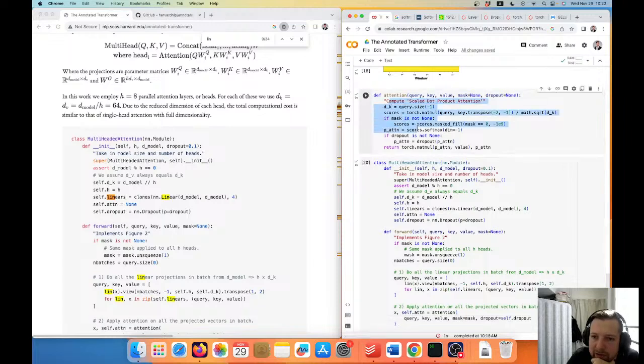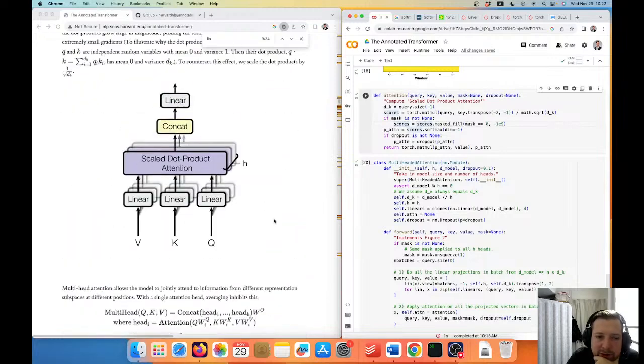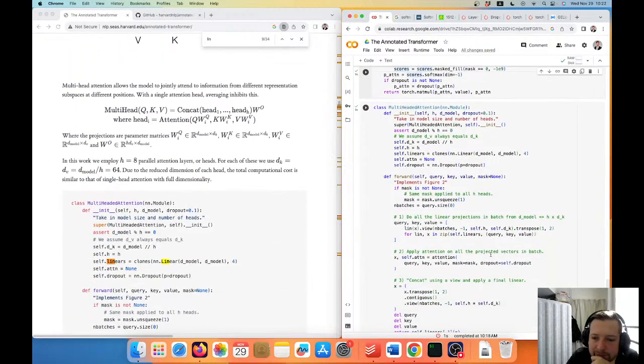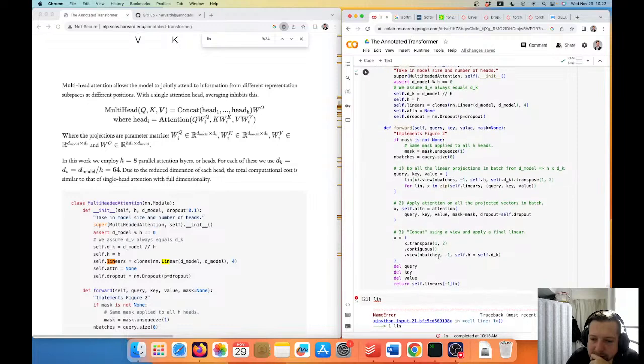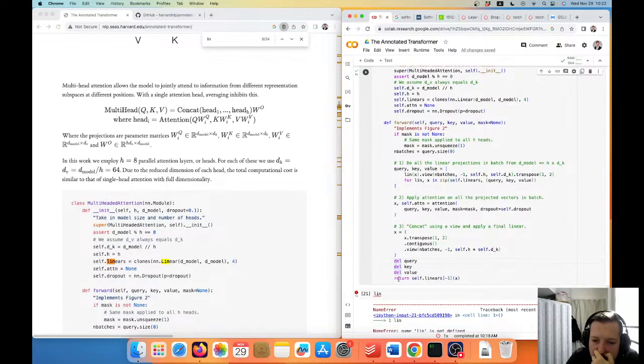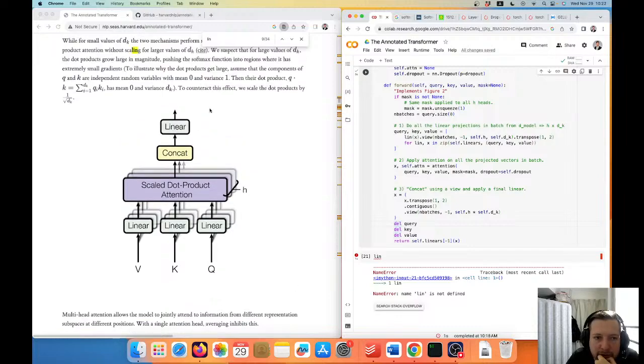That's this. For each head, you just do scaled dot product attention. Bring this back together. Free up memory, okay, sure. And then in the end, do another linear layer on top.